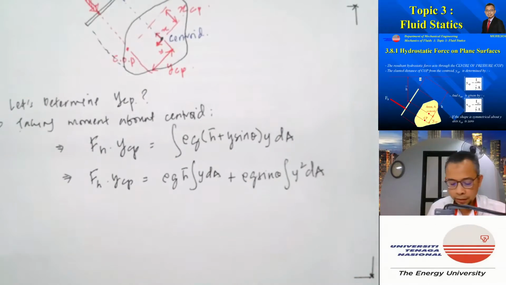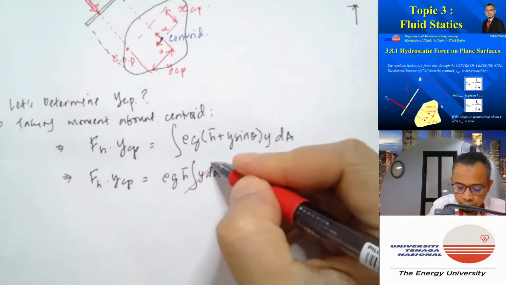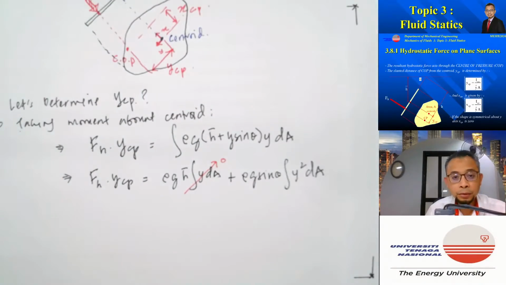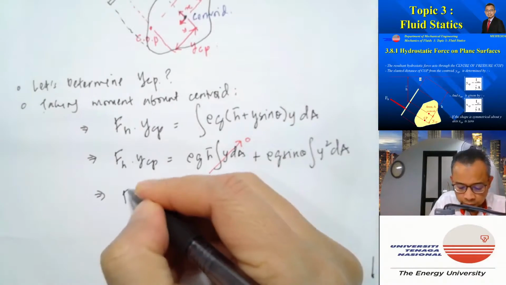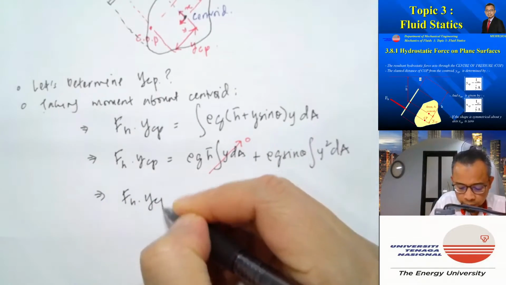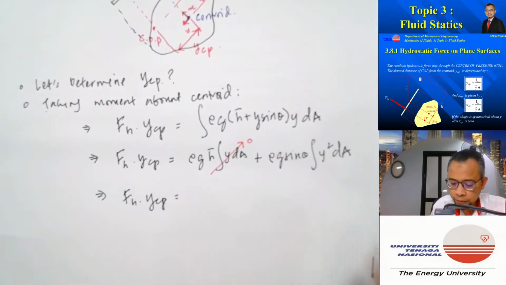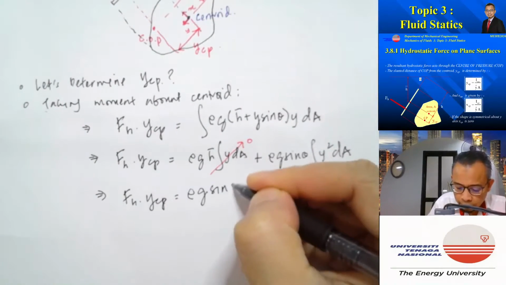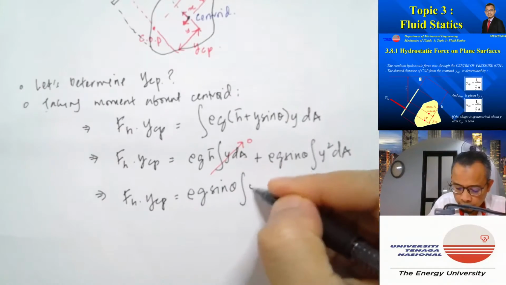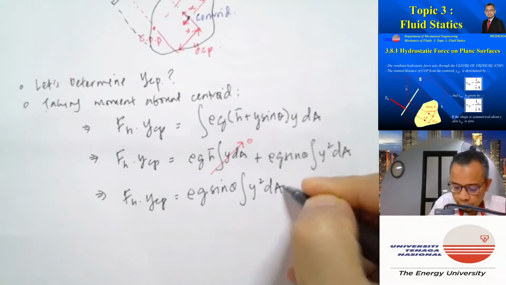So again, by definition, integral of y dA is equal to 0. So we have FH YCP is equal to rho g sine theta integral of y squared dA.